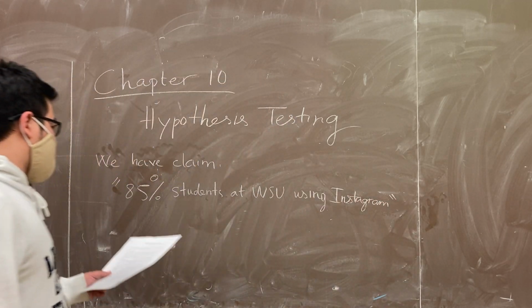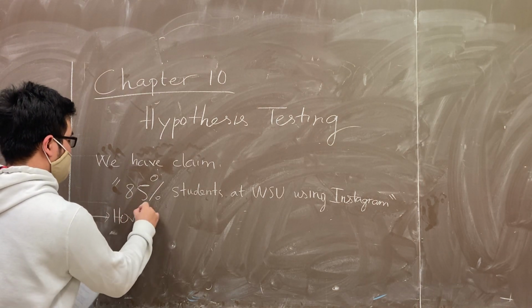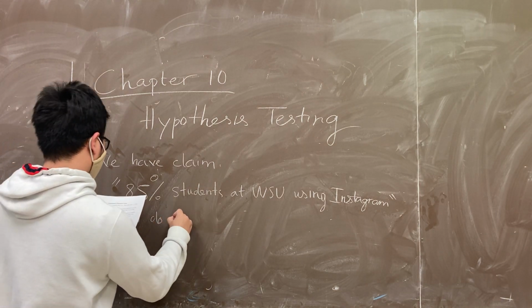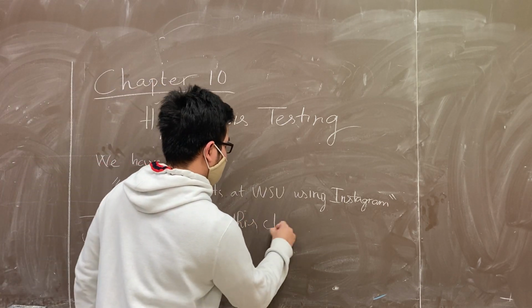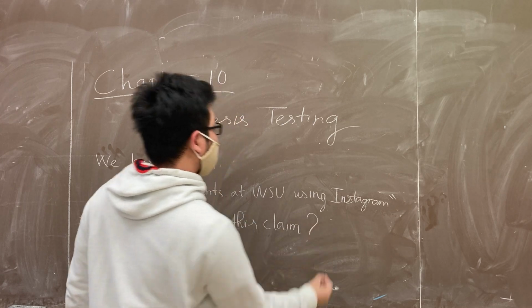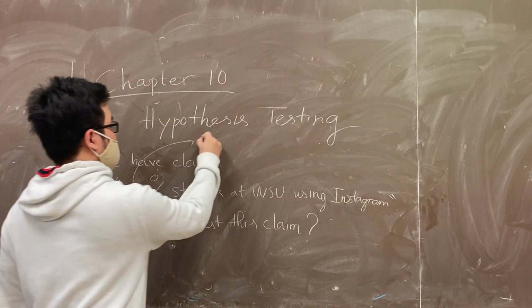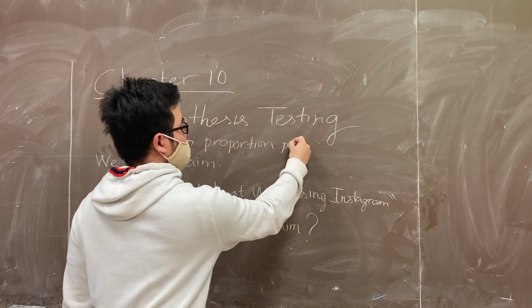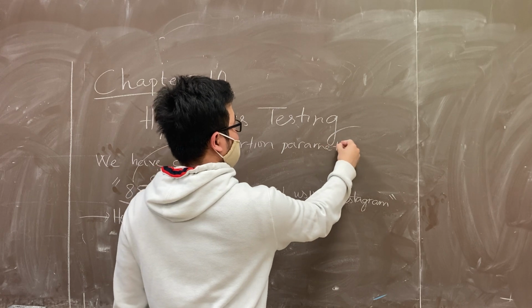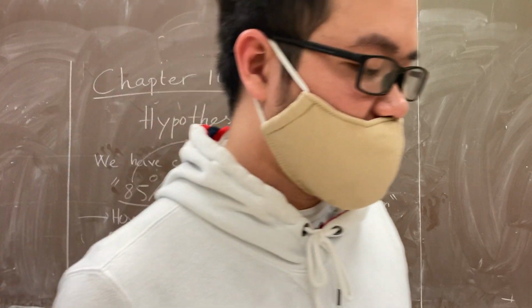That's the claim. And the question is, how do we test this claim? Okay, this is the proportion parameter. That is the purpose of this chapter, chapter 10.